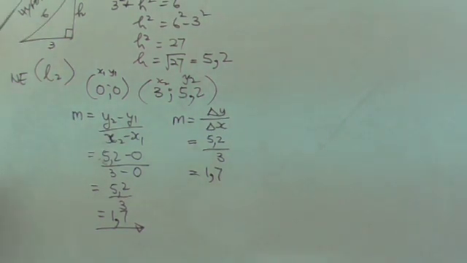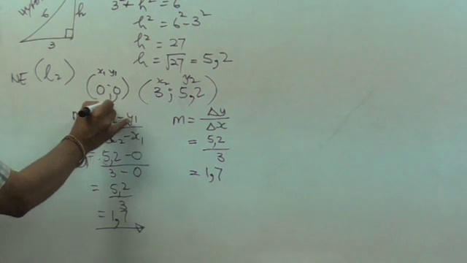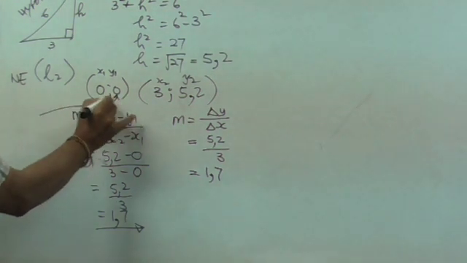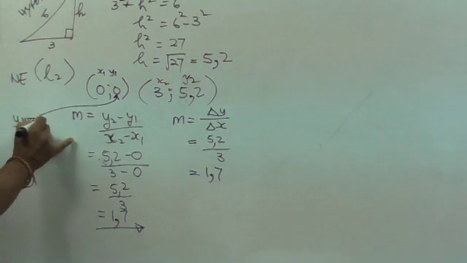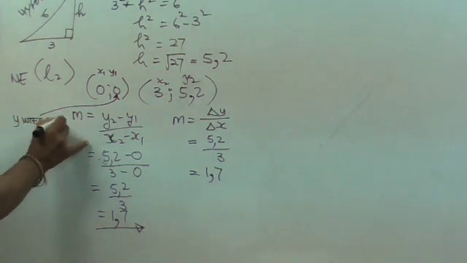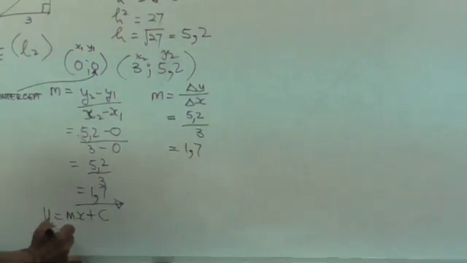Alright, we've got the gradient, and now it passes through the origin. If it passes through the origin, then this is the y-intercept. Because it's passing through the origin, this is 0. So that's the y-intercept, and therefore the equation will be y is equal to mx plus c.